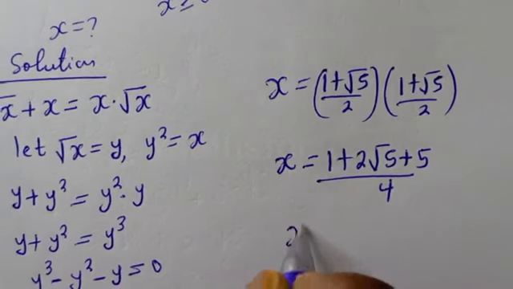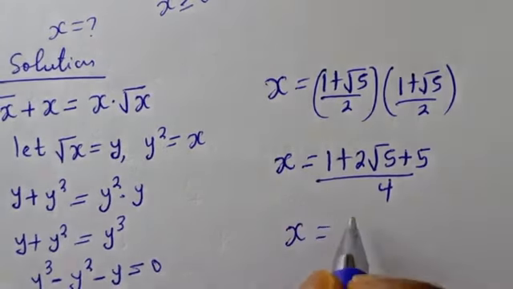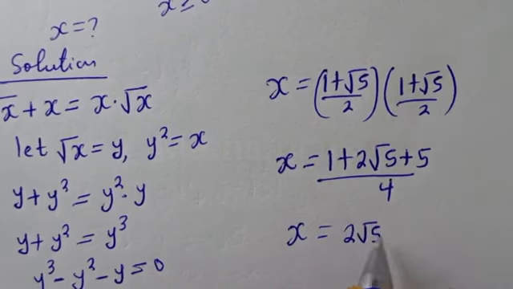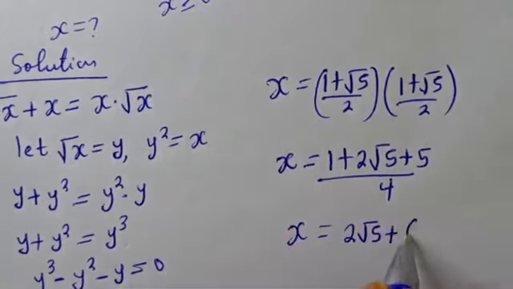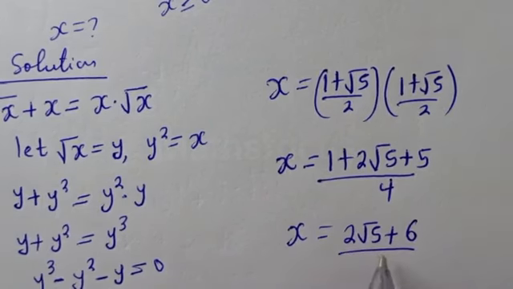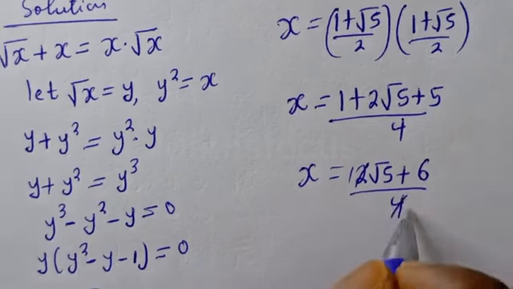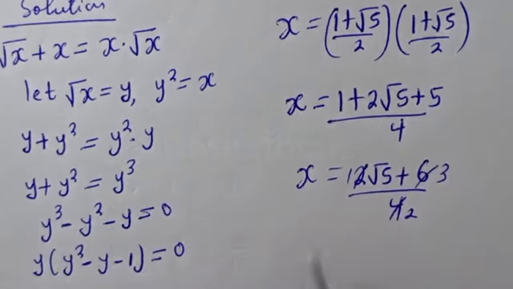Now s is equal to 2 root 5 plus 1, that is 6, over 4. 2 here 1, 2 here 2, 2 here 3.